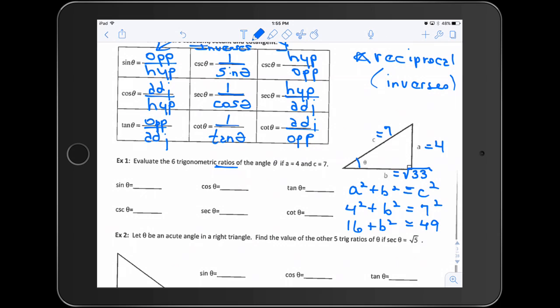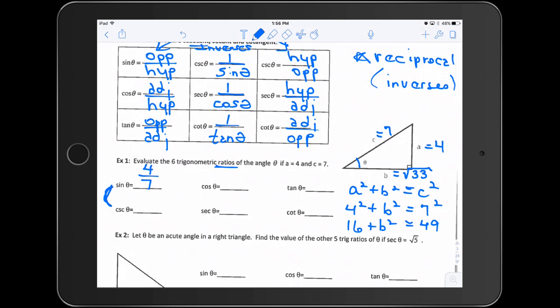Okay, so then what do we do? Well, the first thing you want to know is all 3 side lengths, which we do have. Now let's start talking about the ratio of those side lengths. Sine we know is opposite over hypotenuse, so we're going to put 4 over 7, which is the opposite side over the hypotenuse. And then I'm going to seek out the inverse of that. So I know that sine theta and cosecant theta are related.